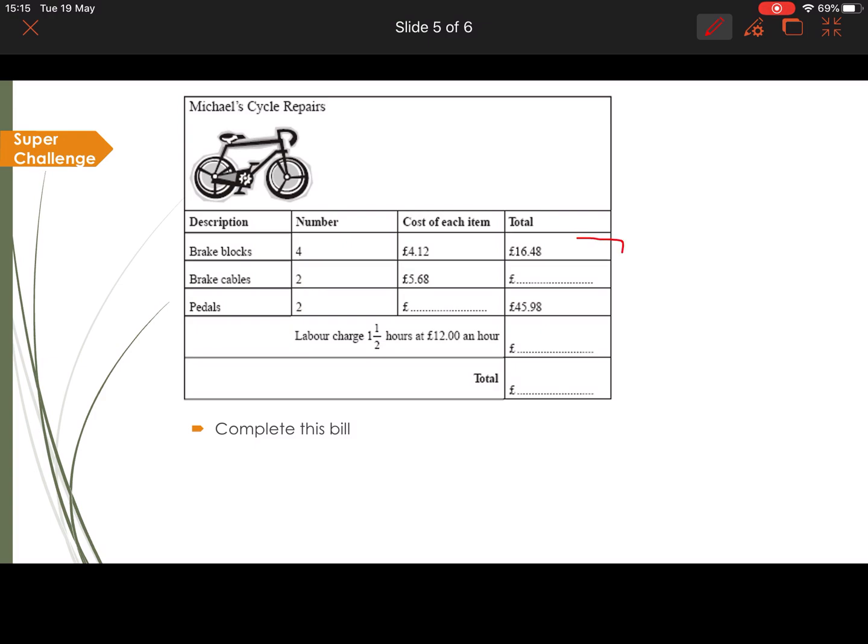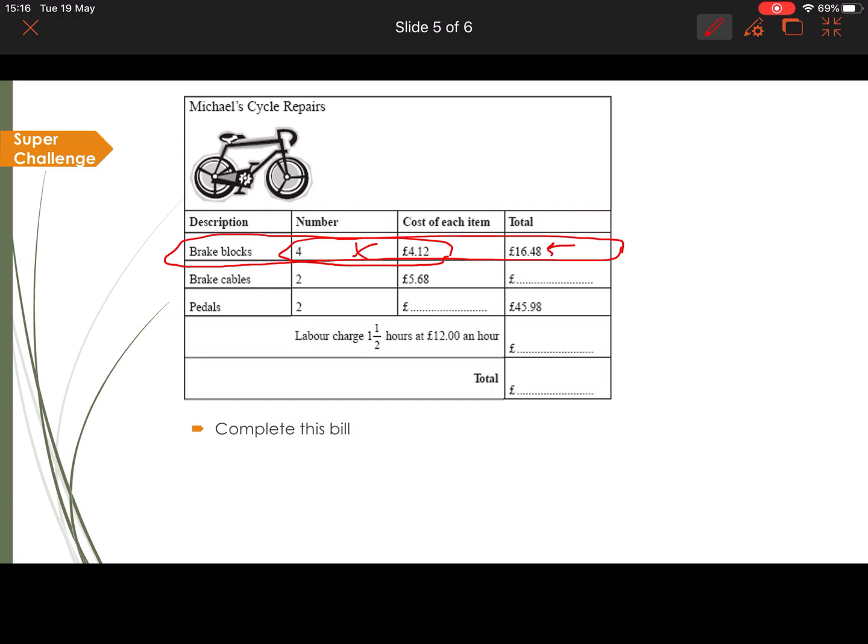In this first section here, you can see that this person purchased 4 brake blocks. Each of them costs £4.12, so the total for the 4 brake blocks is £16.48. Hopefully you've noticed that what's happened is 4 times £4.12 has been calculated to get £16.48.